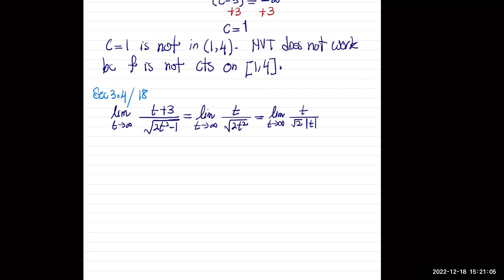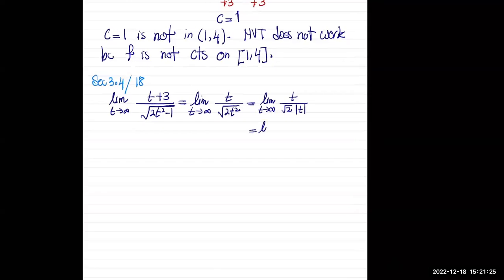Okay, absolute value of t means t or negative t, depending on the domain. As t goes to infinity, suggesting t is positive, absolute value of t is just t.